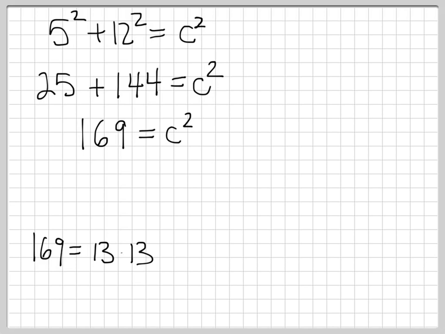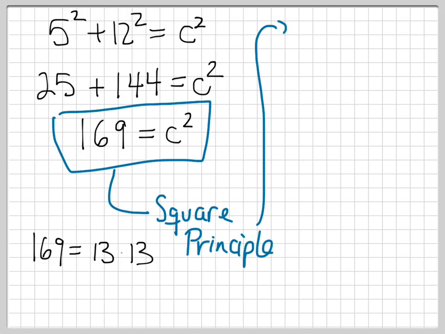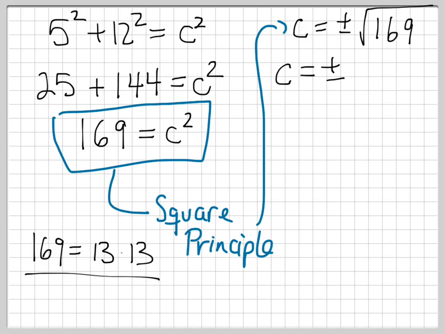Now, from this equation, we're going to use the square principle. The square principle tells us that c has to equal plus or minus the square root of 169. And since 169 is 13 times 13, c has to equal plus or minus 13.